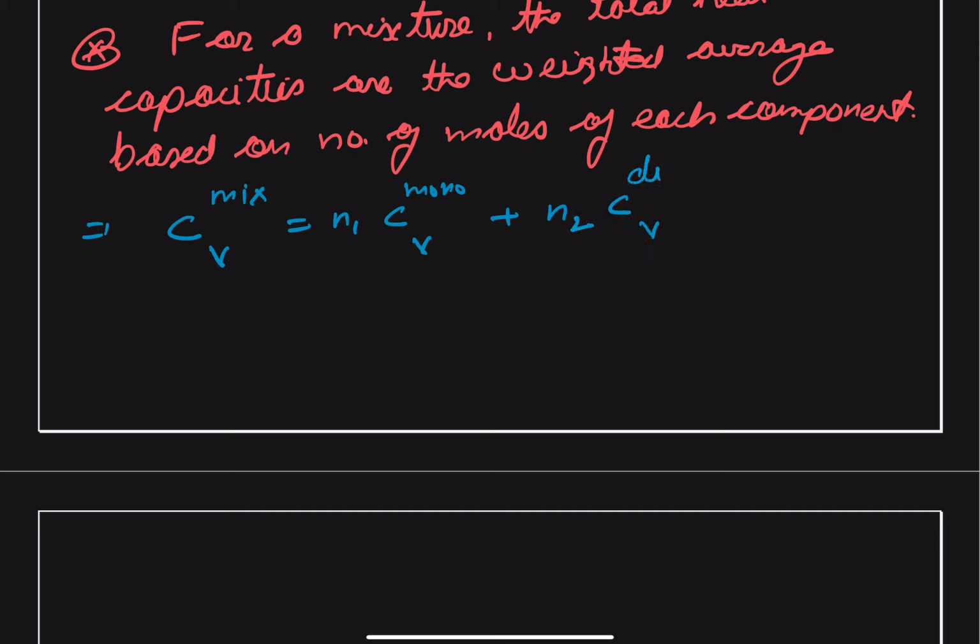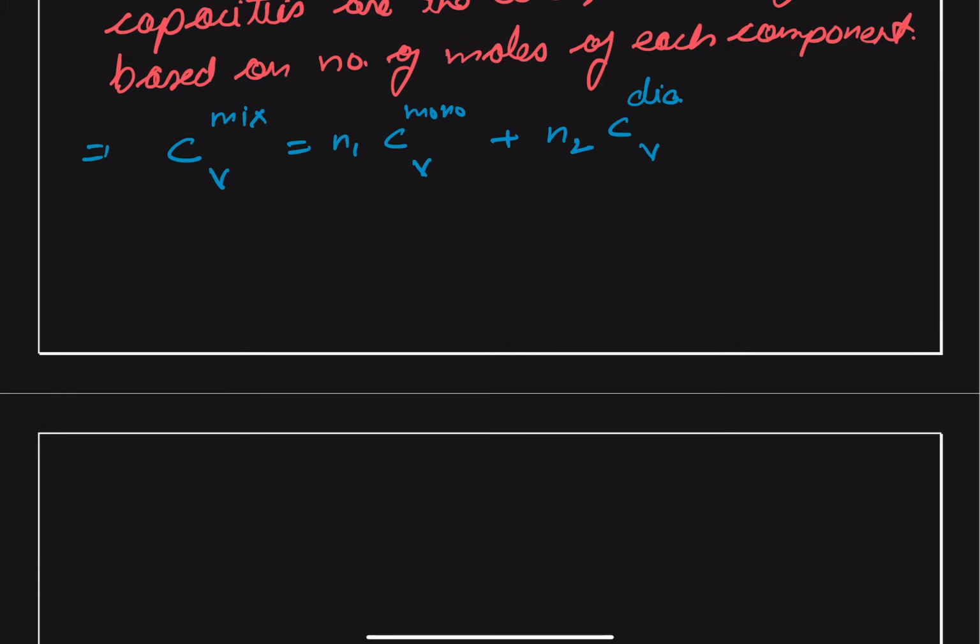And similarly, we can write that Cp for the mixture will be equal to N1 Cp for monoatomic plus N2 Cp for diatomic.